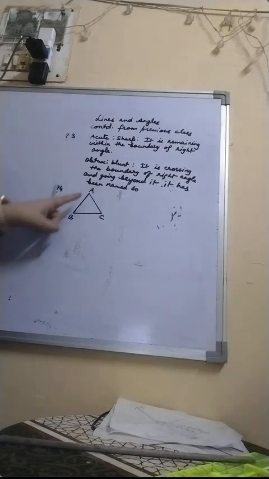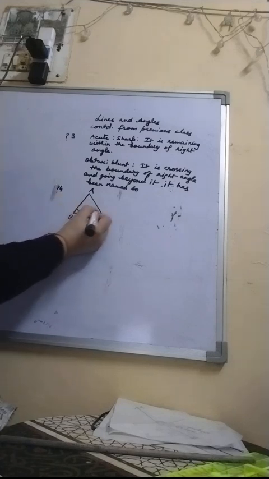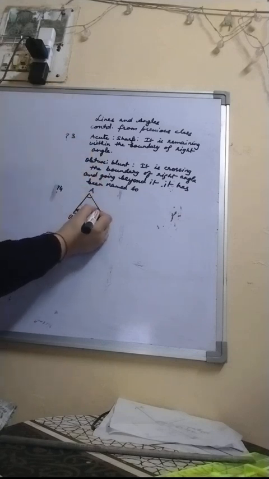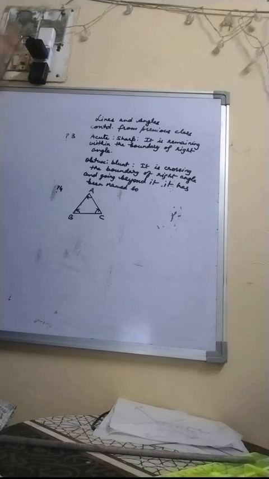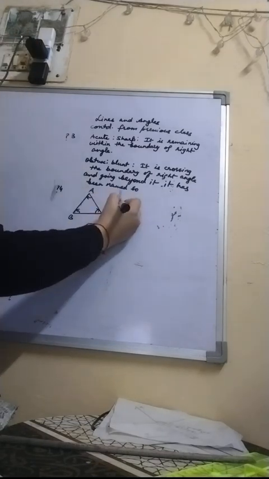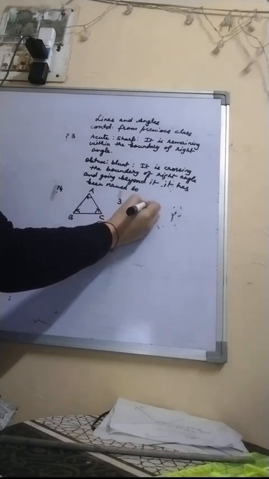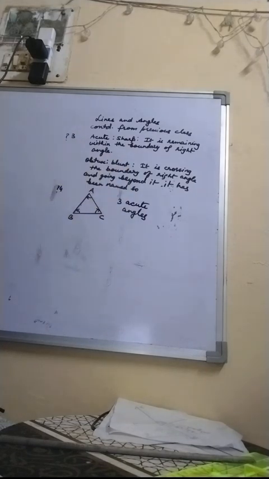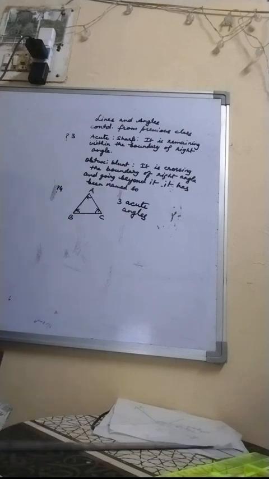How many vertices are you seeing? If I name this, how many vertices? So you have 1, 2 and 3 vertices. You can put arrows in any direction, it's your choice. So you can say that there are 3 acute angles. Is it asking for names also? No. So 3 acute angles.